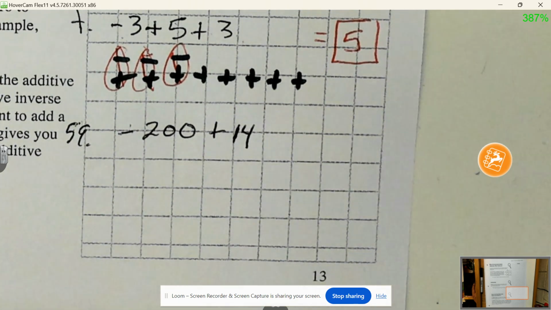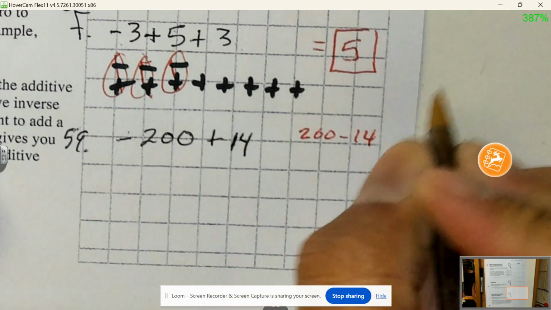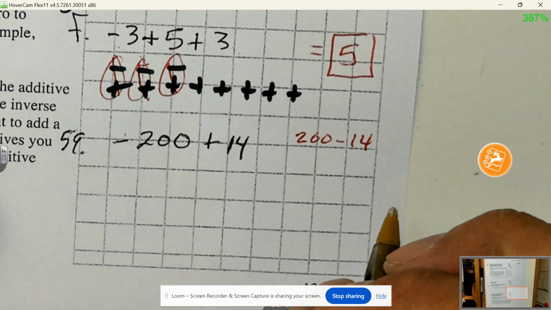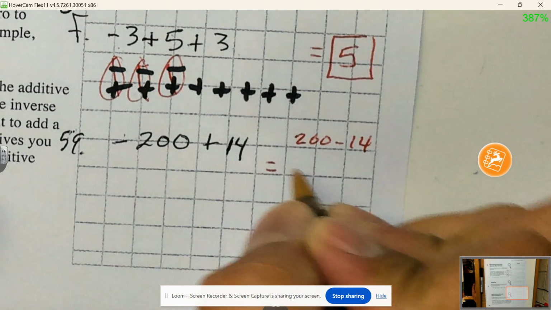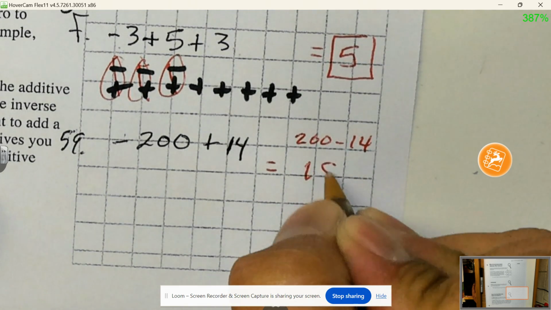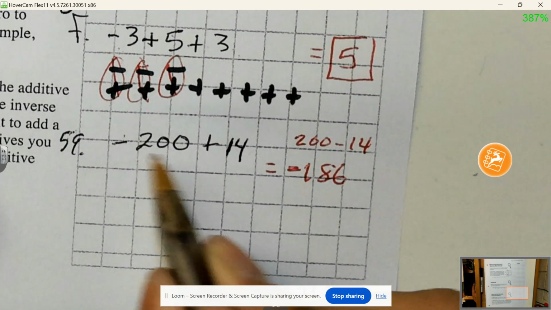So in essence, we are just basically taking 200 and we're subtracting 14 from it, and that's how many negatives we're going to have left over once we take out those zero pairs. Okay, so this will give us a value of 186, and the answer is going to be negative because we have more negatives than positives.